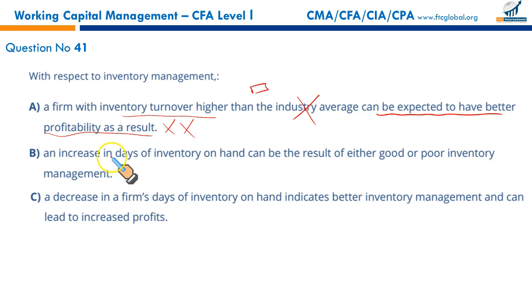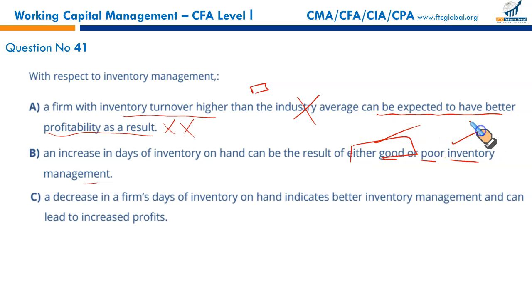B, an increase in days of inventory on hand can be either good or bad inventory management. Good means yes, you avoid stock out. You keep certain stock with you so as to keep selling goods whenever the customer comes, and the customer doesn't go empty-handed.